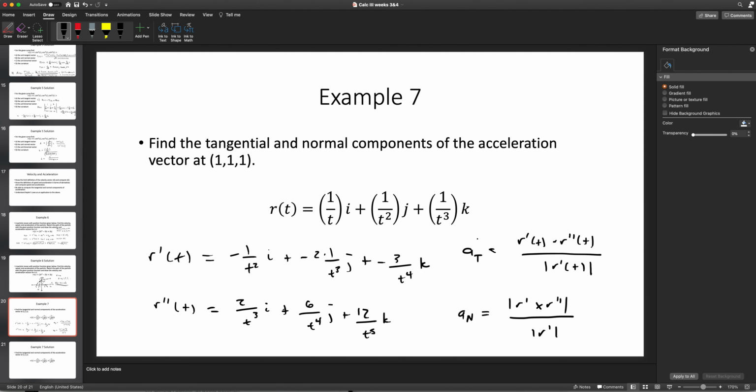Fortunately, we're looking at 1, 1, 1, so all these t's are 1s, so it greatly simplifies our life. We get r prime at 1 is negative i minus 2j minus 3k, and r double prime at 1 is 2i plus 6j plus 12k.